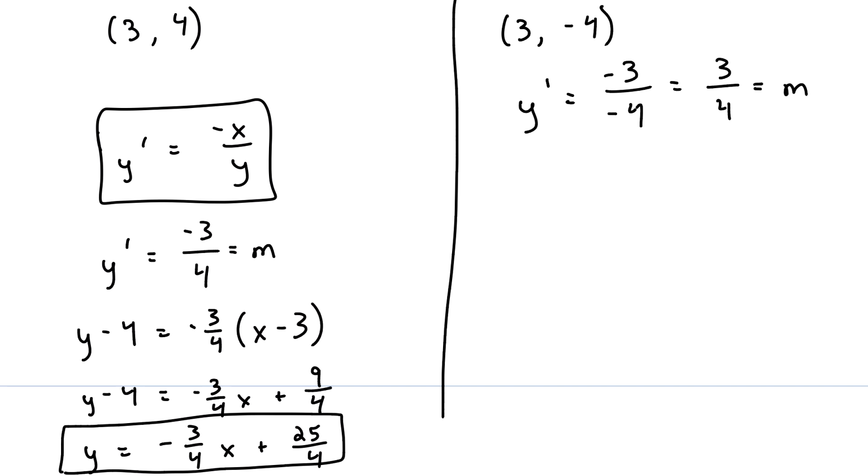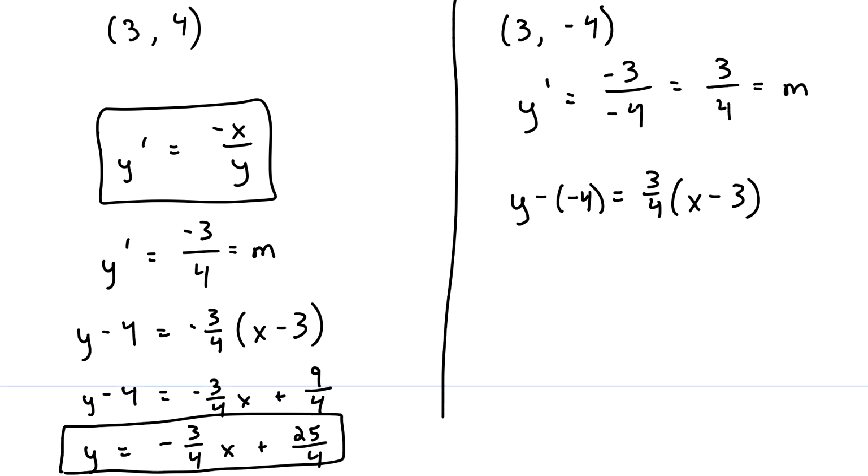And then after that, we've got everything we need to write the equation of the tangent line. y minus my y coordinate, negative 4, equals m, that's 3/4, times x minus my x coordinate, which is 3. And we can solve for y very similarly here.